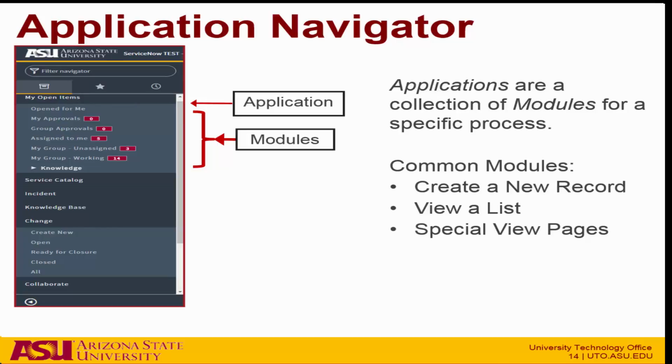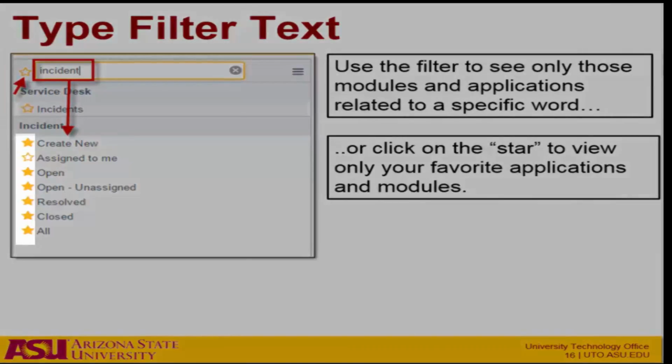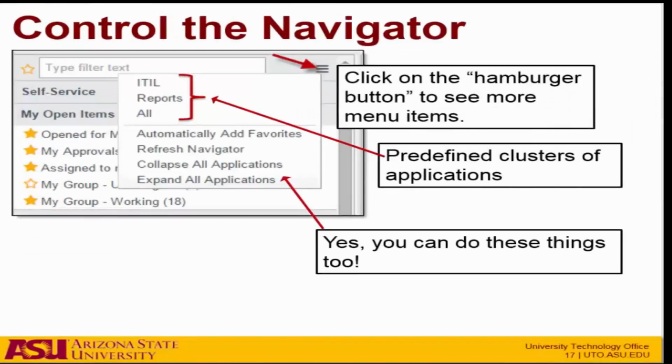When you type a word into that text field, the navigator will only show you the applications and modules that have that word associated with it. If you click on the star next to any item in the navigator, that makes it a favorite, and then if you click on the star at the top, it will show you only the items that you've marked as a favorite. The little navigator at the top will show you some predefined clusters of applications and lets you collapse or expand all the applications or refresh the navigator.